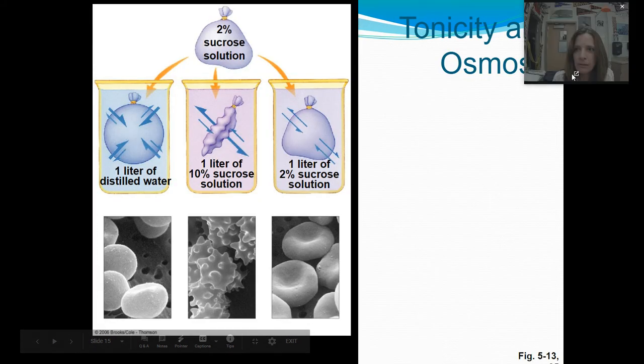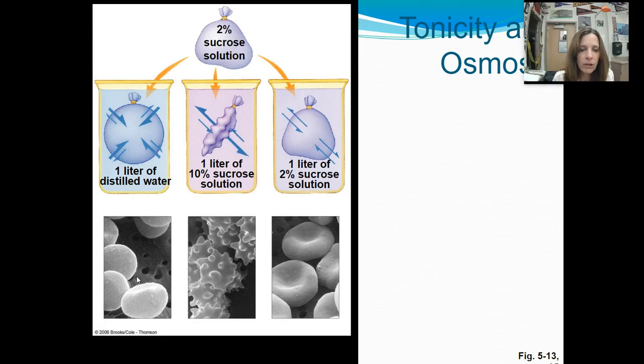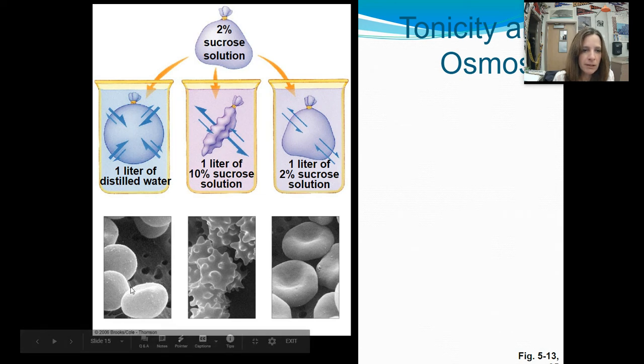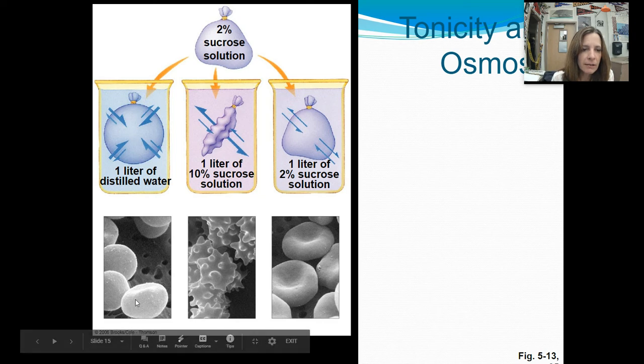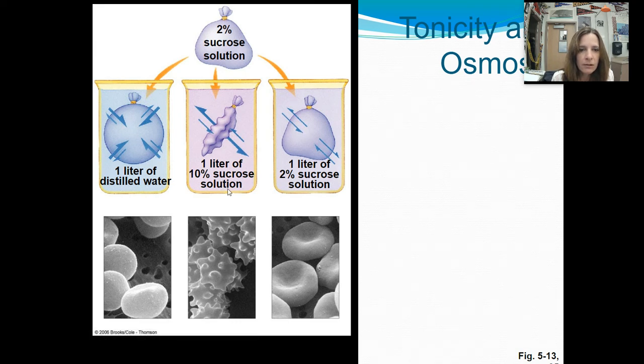If you see here, this is some red blood cells. If you put red blood cells in distilled water, then they are going to have a net flow of water into the cell, and so they actually would explode. If you put red blood cells into a solution of sucrose, 10%, you can see that they lose a lot of water.